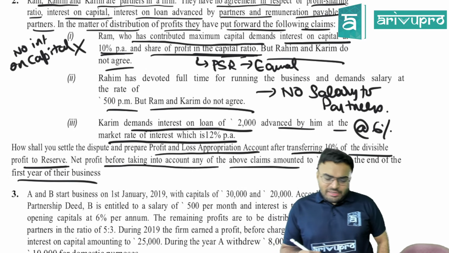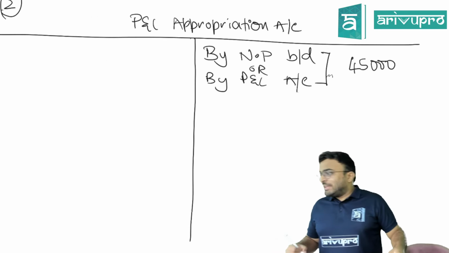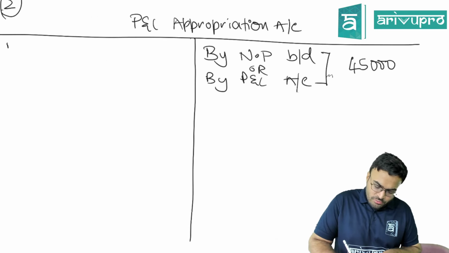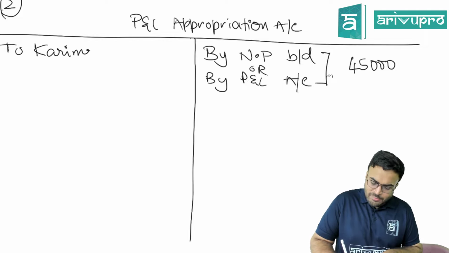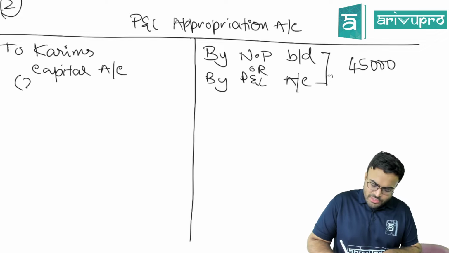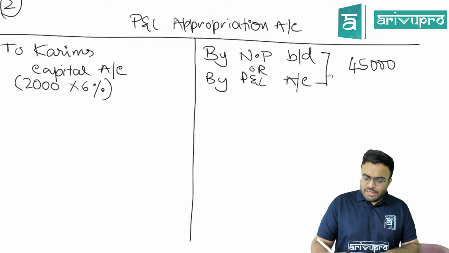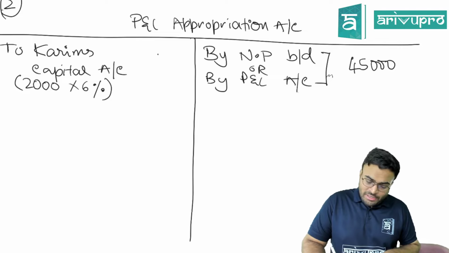Karim has given a loan of 2,000. So we are supposed to give him interest at the rate of 6%. So what we will do? To Karim's capital account. 2,000 is the loan. So 2,000 into 6% gives you 120.